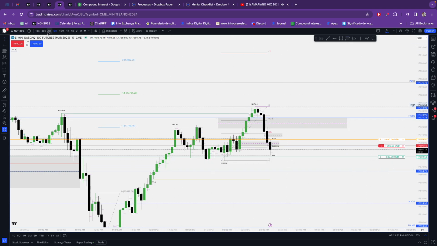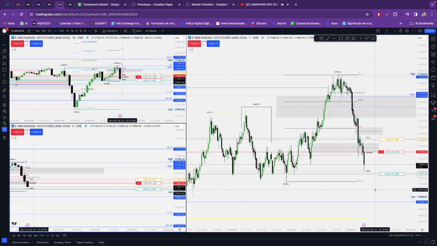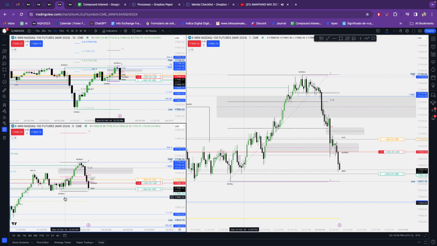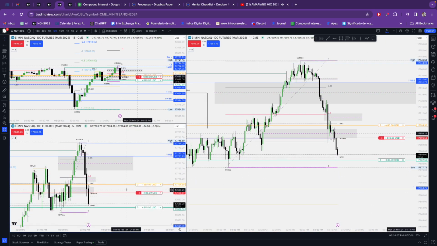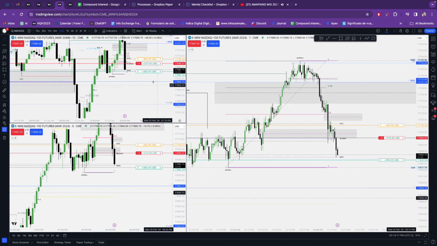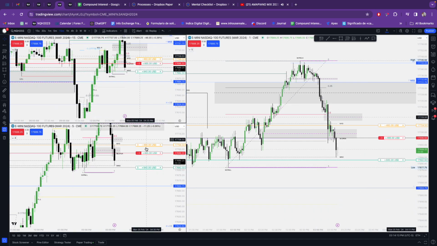So this is where we would actually look to buy, right, in this area of consolidation. But I want to see a fair value gap get inversed or get a 1 minute change in state of delivery. If we get a 5 minute change in state of delivery, that'll be even better. But yeah, I think we might come down for these lows down here.